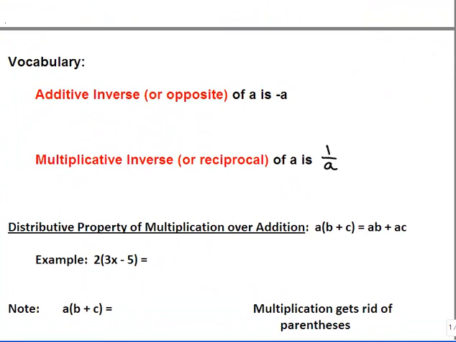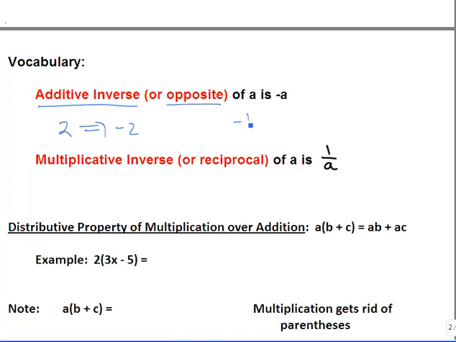When you talk about that inverse property, there's a little bit of vocabulary that pops up that you'll need to know about. And the first case here is the additive inverse, or what I have also mentioned as opposite. So when you talk about what is the additive inverse of A, or what is the opposite of A, that's just going to be minus A. So for example, if you start with 2, its additive inverse would be negative 2.